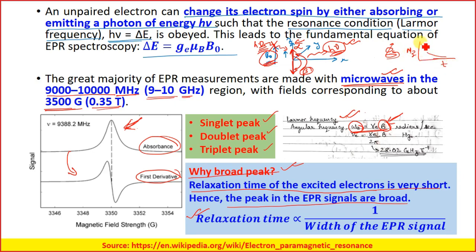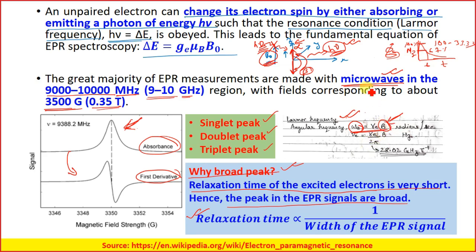The net magnetization will decay like this. If this is 100% of the energy, then at 100 minus 33.33, which is around 67%, that time is taken as the relaxation time.